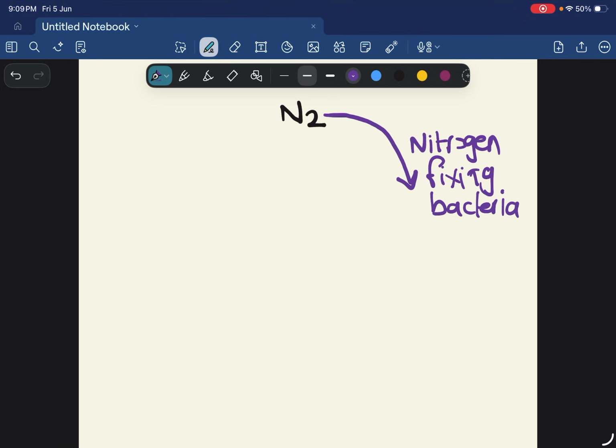These bacteria live free in the soil or in the root nodules of legume plants. They convert nitrogen as N2 into ammonia.